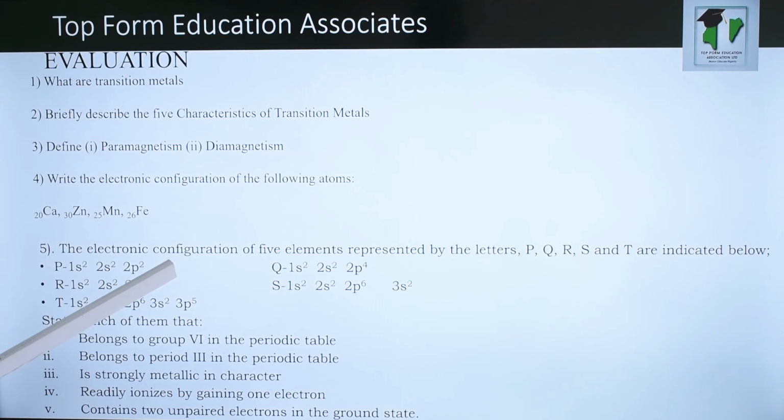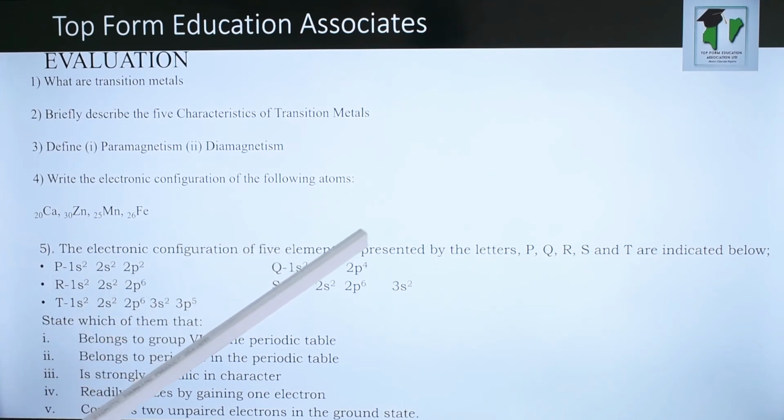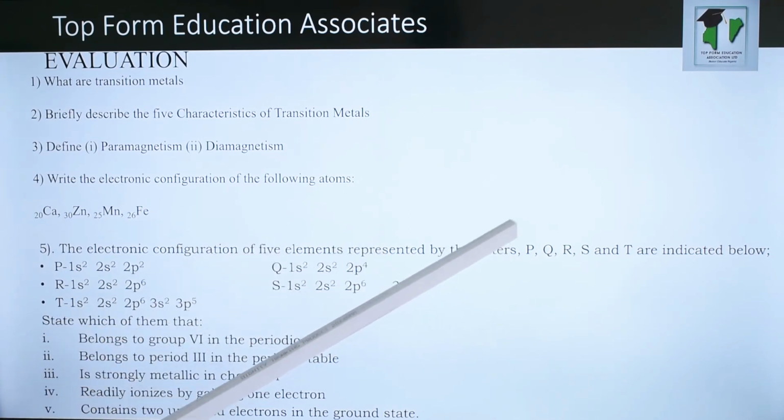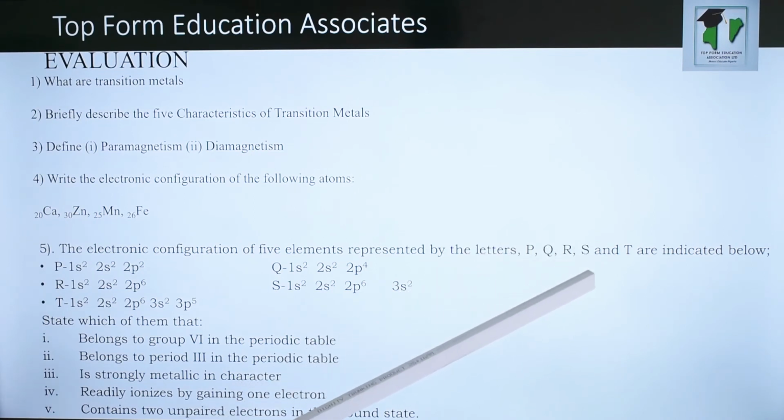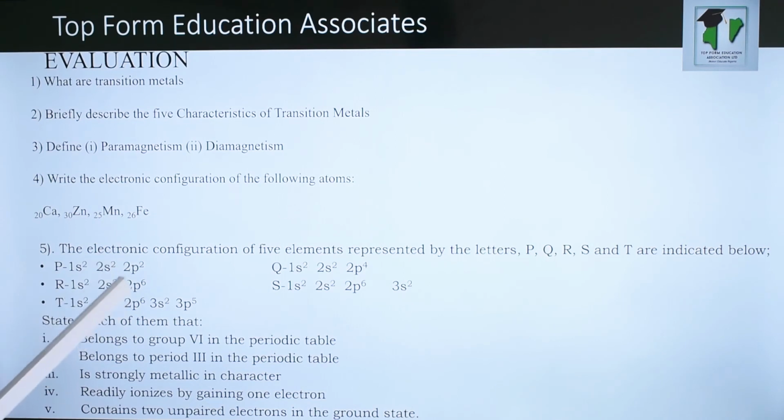Number 5. The electronic configuration of 5 elements represented by the letters P, Q, R, S, and T are indicated below. P, 1s2, 2s2, 2p2. R, 1s2, 2s2, 2p6. T, 1s2, 2s2, 2p6, 3s2, 3p5. Q, 1s2, 2s2, 2p4.